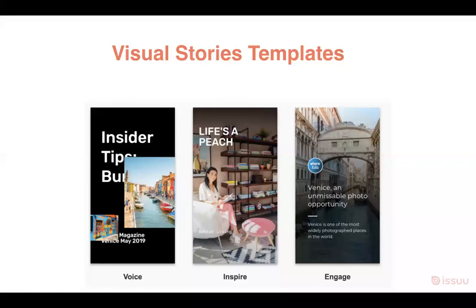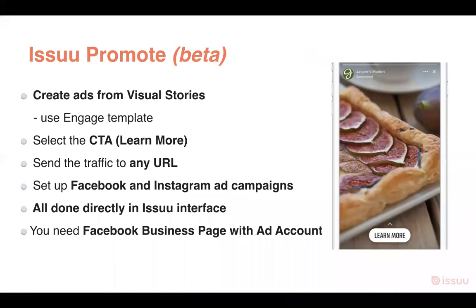And Engage, this is our newest style. It has been built for brands, so you can add your logo in here. And I'm gonna tell you a bit more about this particular one. We are now in beta testing of one feature called Issuu Promote that is linked to the Engage template.